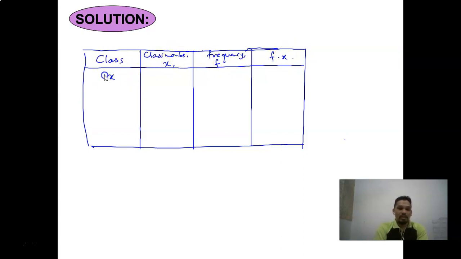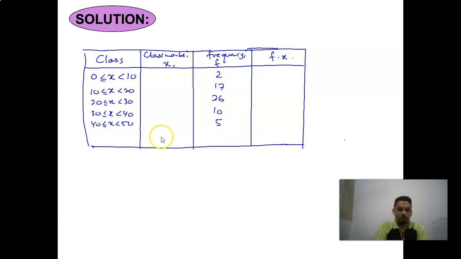For example, here X in between 0 up to 10, and here 10 up to 20, 20 to 30, 30 up to 40, 40 up to 50. Okay, then the frequency for each of these: 2, 17, 26, 10, and 5.